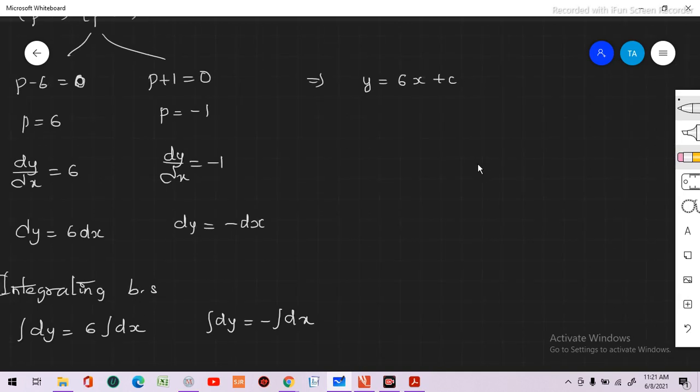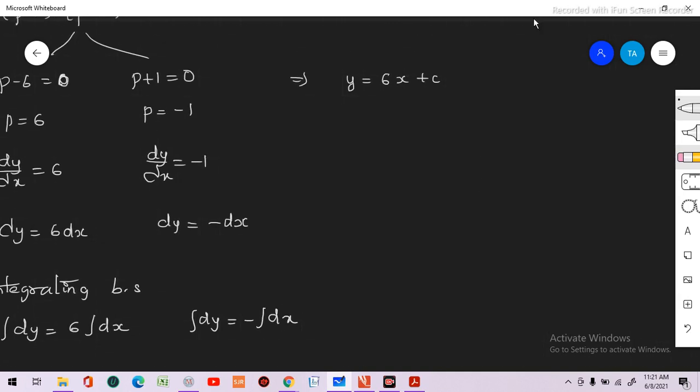How about the other one? y is equal to minus x plus c. So this can be written as y minus 6x minus c is equal to 0, and y plus x minus c is equal to 0.